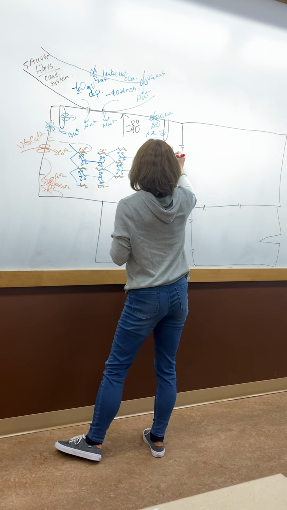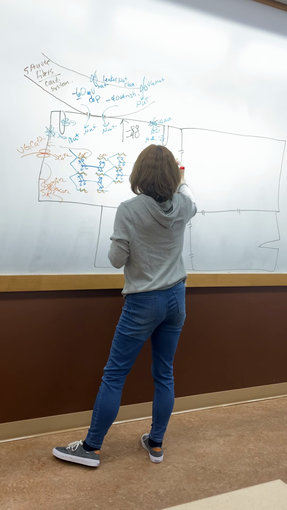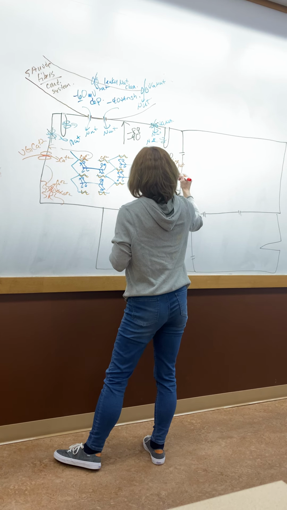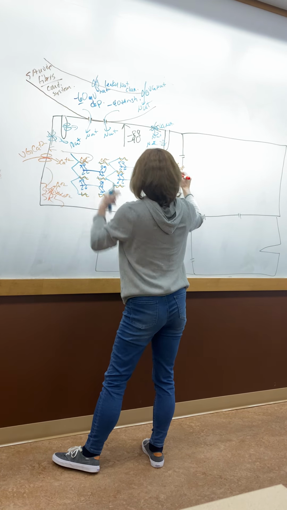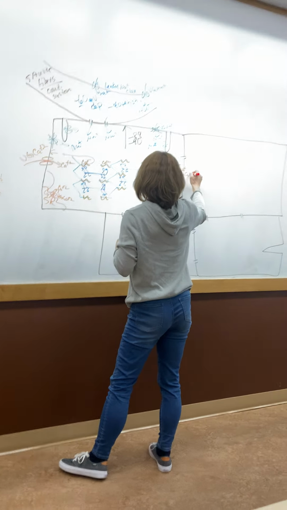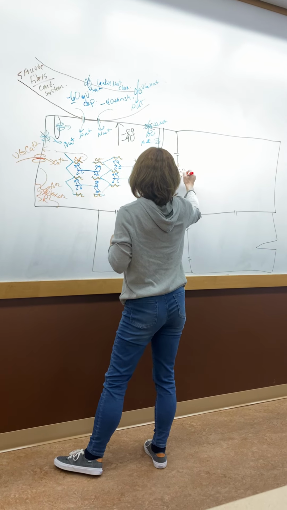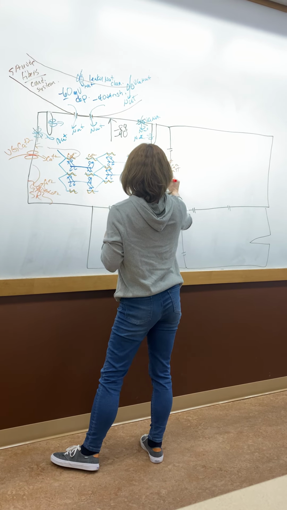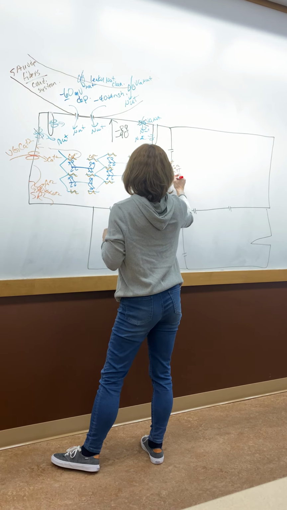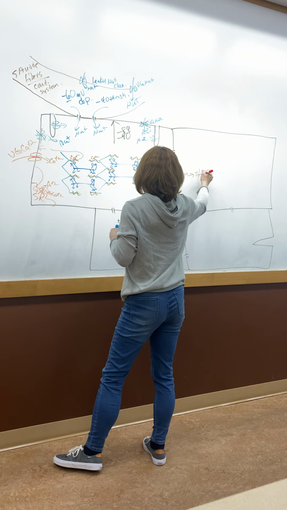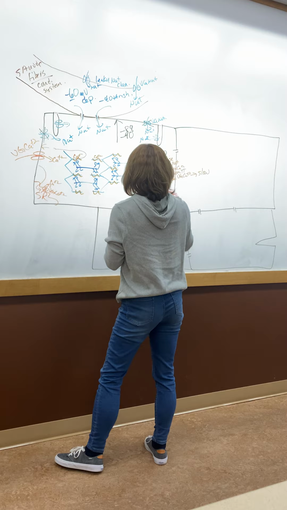So number 1, we're going to close voltage-gated sodium. Number 2, we're going to remove calcium from the TT, and we're going to close our voltage-gated calcium channels, but they're slow.